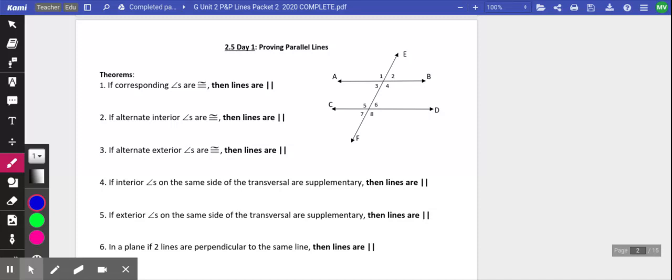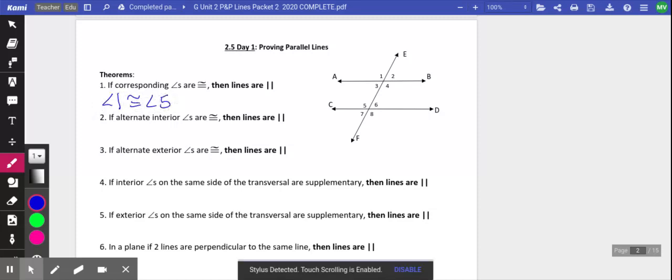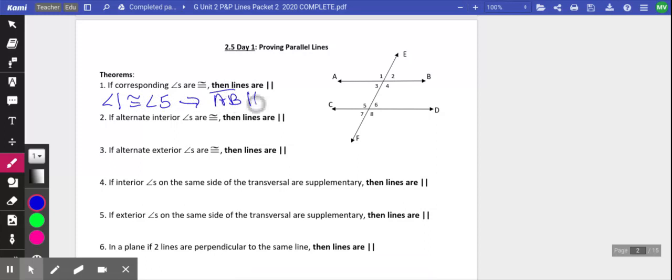So we're saying here, if the corresponding angles are congruent, then the lines are parallel. So that means if I know angle 1 is congruent to angle 5, I can decide that AB is parallel to CD. So we're doing it backwards of what we did in the last unit.